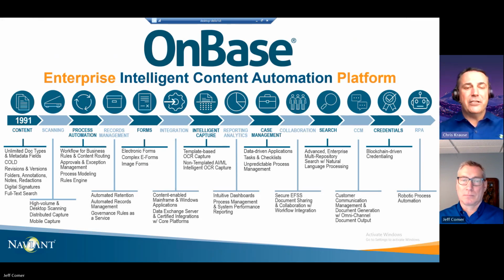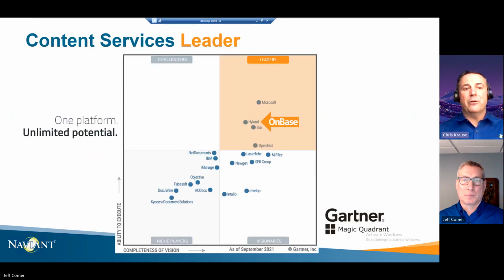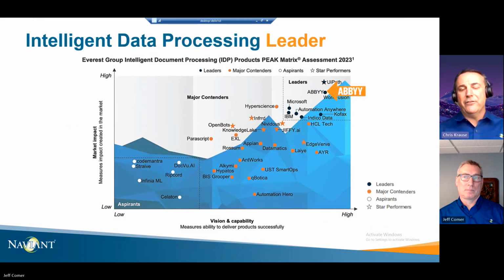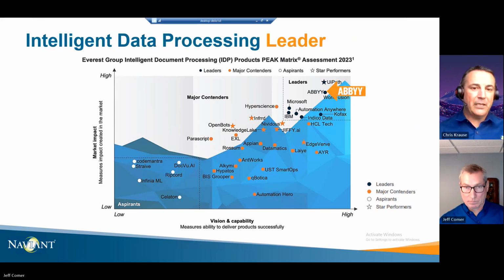We're going to show you a few additional modules that make the AP process far more efficient. And of course, with any platform, you want to make sure they are a market leader in the space. Hyland OnBase is a market leader from a Gartner Magic Quadrant, and ABBYY is a leader on the PEAK Matrix assessment. So you're working with two of the best products in the marketplace across the portfolio.